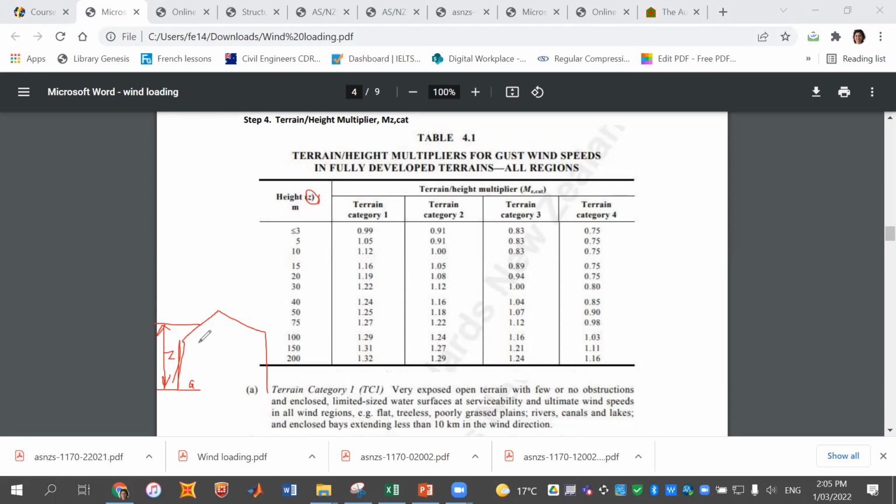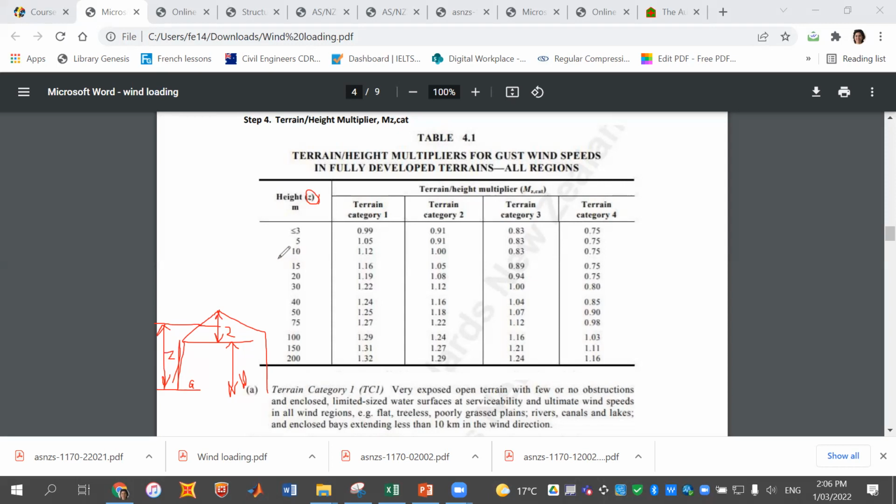For example, let's say the height of your building is 10, and you need the height of your truss that you also choose yourself, for example, 2 meters. So the total height is 12, but if you consider the middle of the roof to the ground, it will be 11 meters.